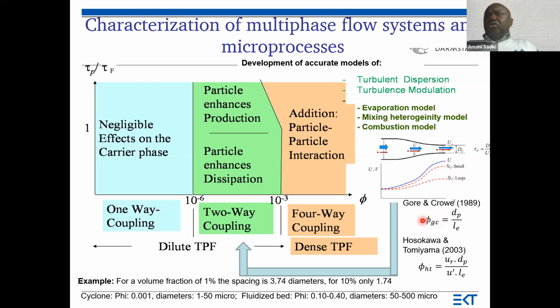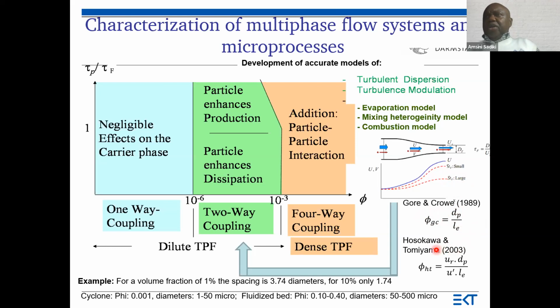There are also some other parameters, but this parameter is exactly what we obtained before. So it is a length scale, a characteristic length scale of the particle, and this is exactly what we say: the inverse of this should be smaller than 10.